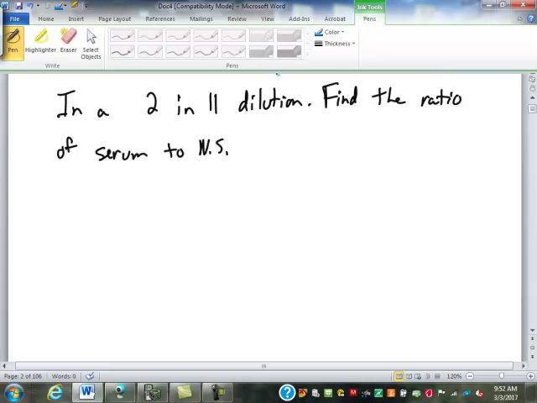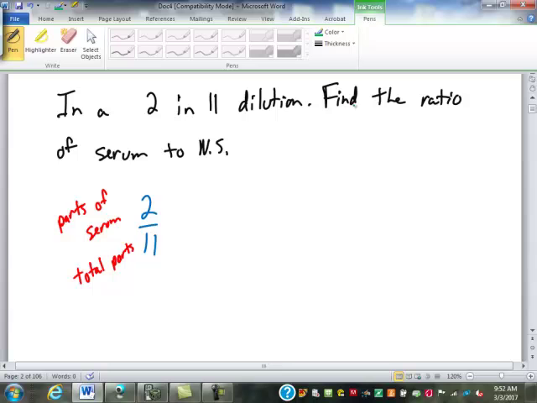So we've got that 2 in 11 dilution. What does the 2 represent there? That is the parts of serum. Good. What's the 11 represent? Yes, that is the total parts.